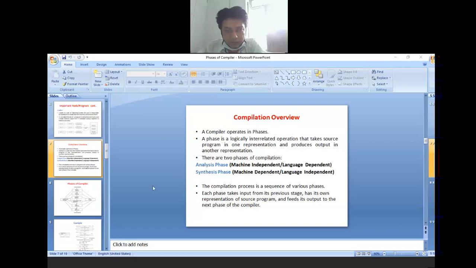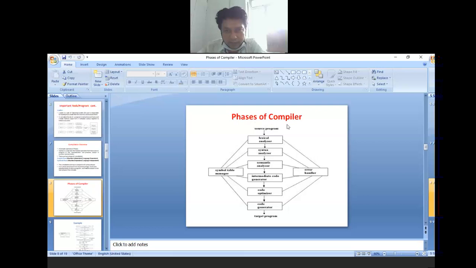As you can see from the phases of compiler diagram, the first three phases are part of the analysis phase, whereas the last two phases, the code optimization and the code generator, are part of the synthesis phase, and intermediate code generation acts as a bridge connecting the analysis and the synthesis phase.